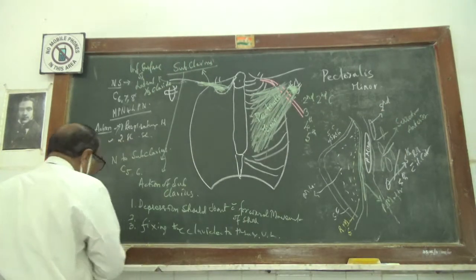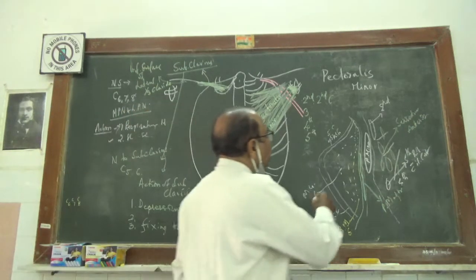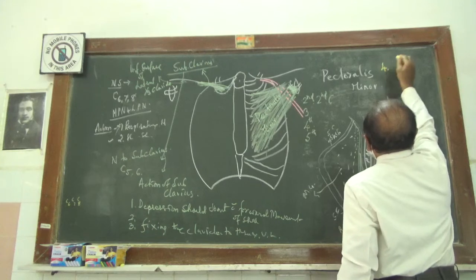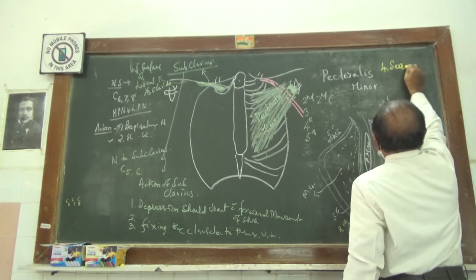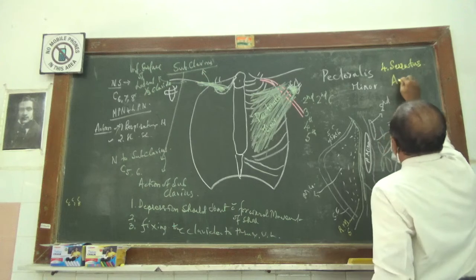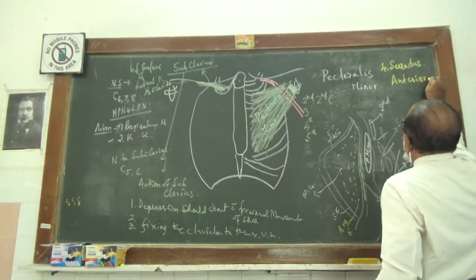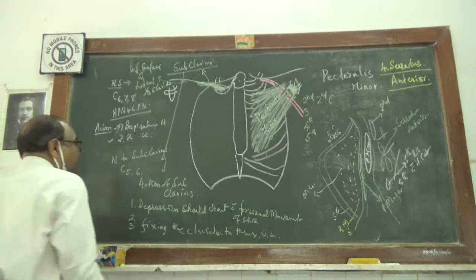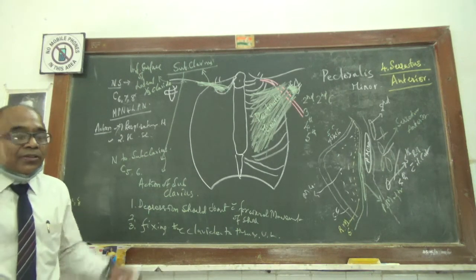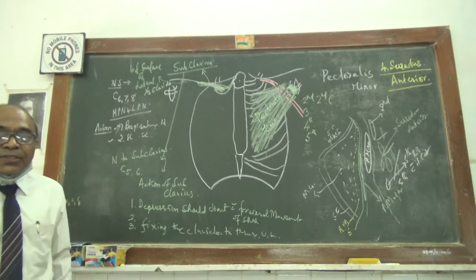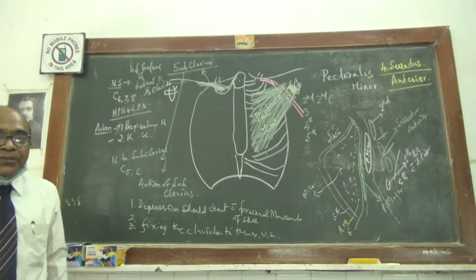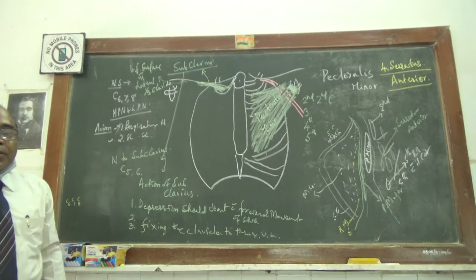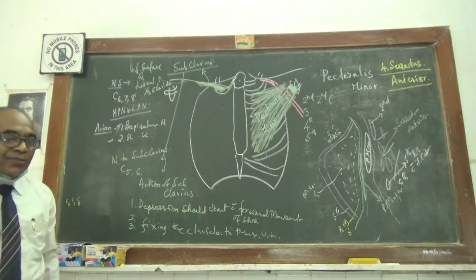Now apart from this, you will be having the next muscle in this pectoral series, that is serratus anterior. Now this serratus anterior, as the name itself suggests, has 8 teeth or 8 digitations, just appearing like a saw's teeth. It is named because of that appearance.